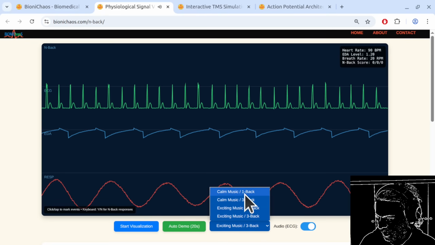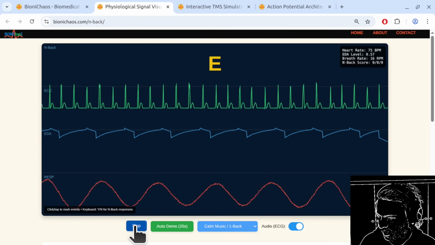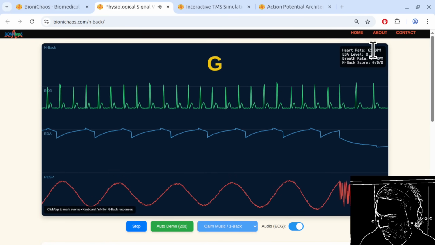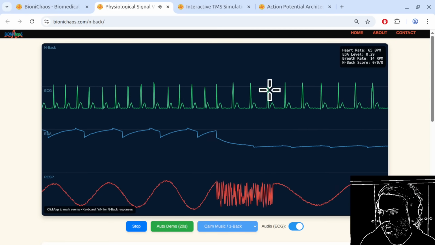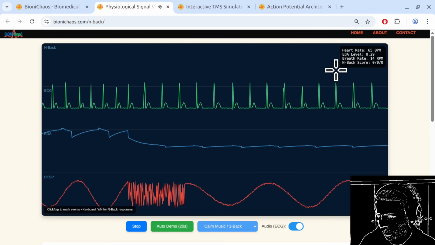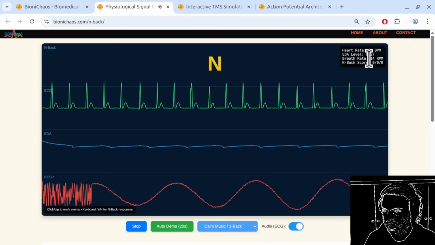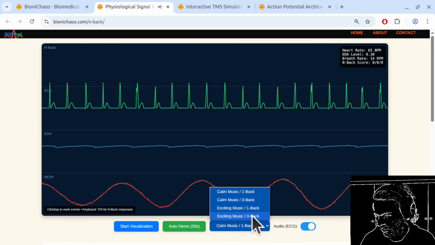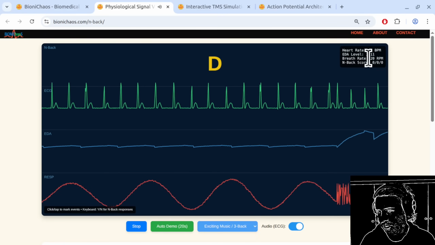And if we stop that and we go to an easier task, so calm music and one back memory test, then the heart rate goes low, EDA goes lower. So you're becoming less stressed, heart rhythm drops a bit because it's not as stressed, and breath rate is 14 breaths per minute, which, if you make exciting music 3 back, is actually increasing to 19 or 20.